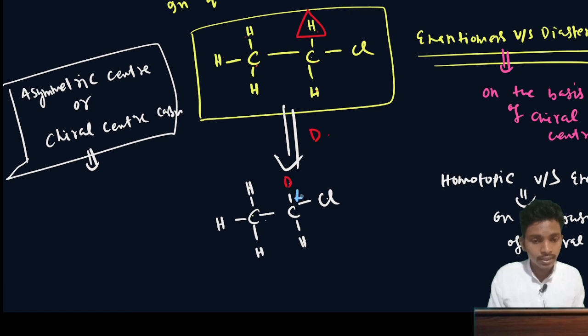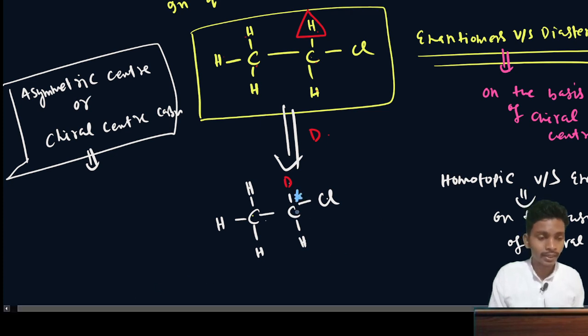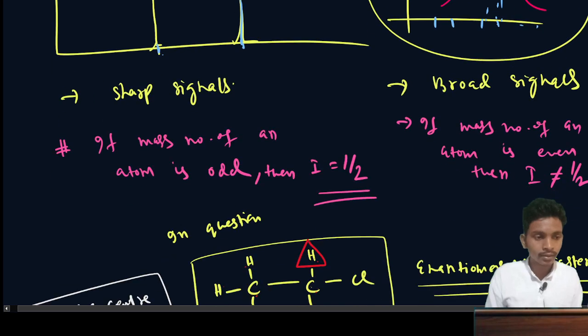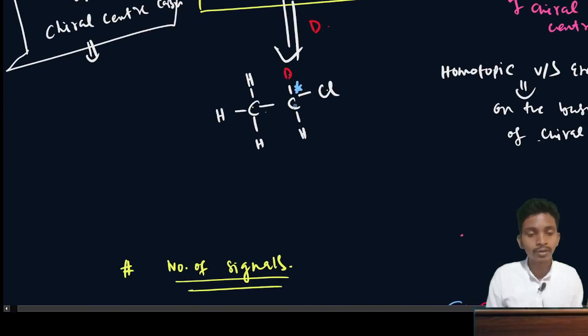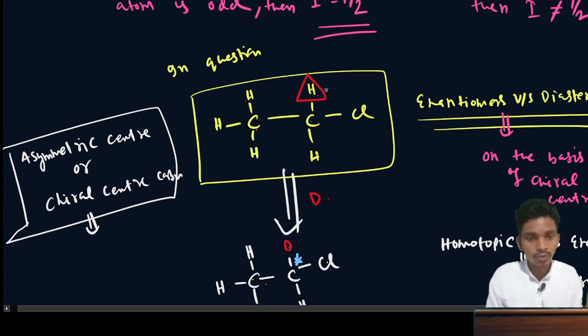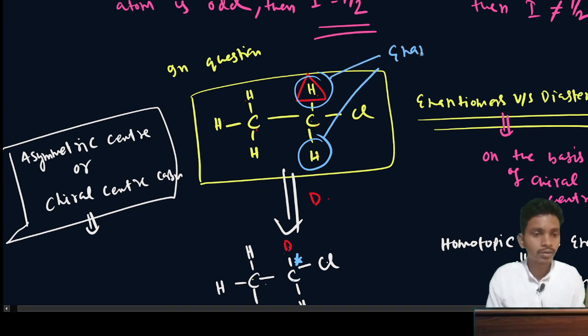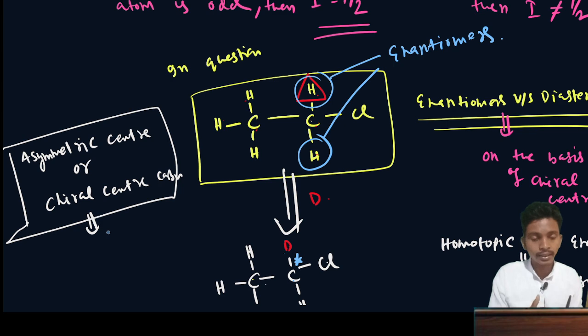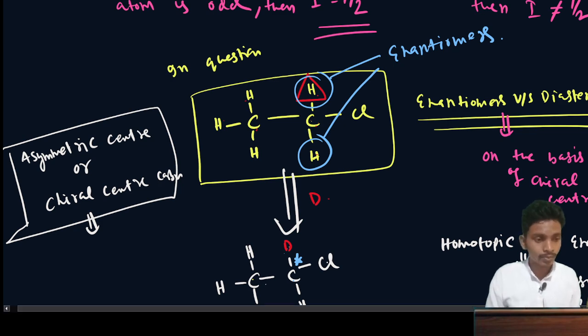So this carbon is a chiral center, and if we get a chiral center after modification, then these two hydrogens are enantiotopic. After modifications, if you get a chiral center, then that is enantiotopic.